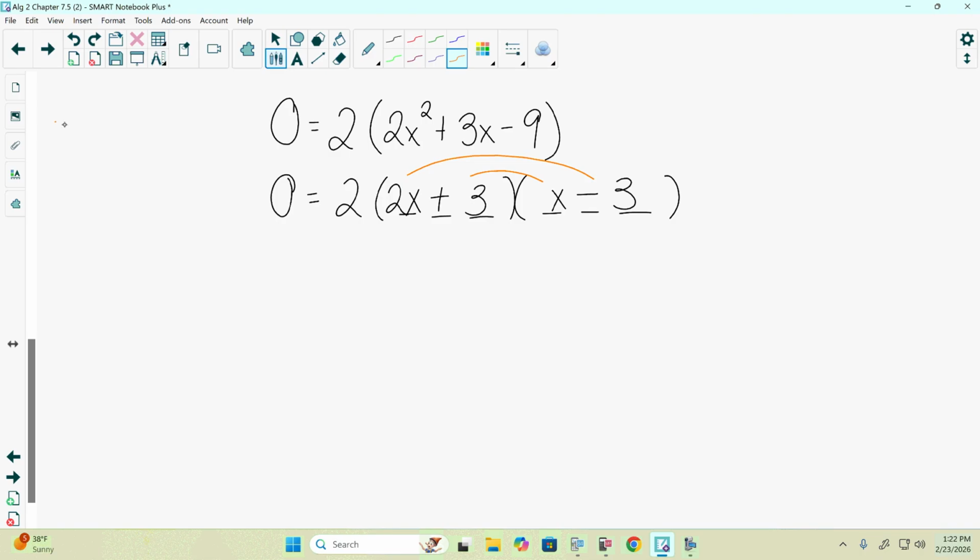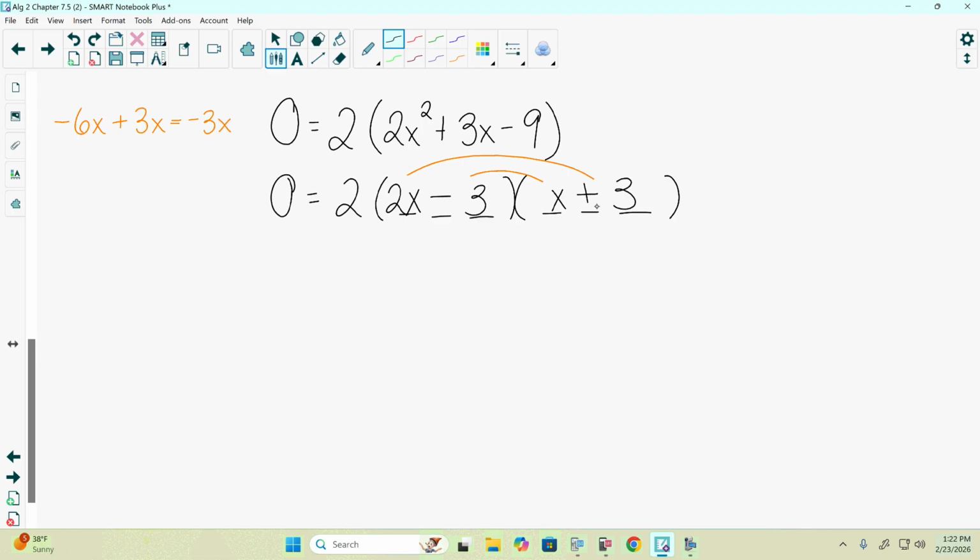2x times negative 3 would give us negative 6x. 3 times x is going to be plus 3x. Negative 6x plus 3x, negative 6 plus 3 would give us negative 3, so we'd have negative 3x. Which is the correct number, but wrong sign, because we need it to be positive 3x, not negative.